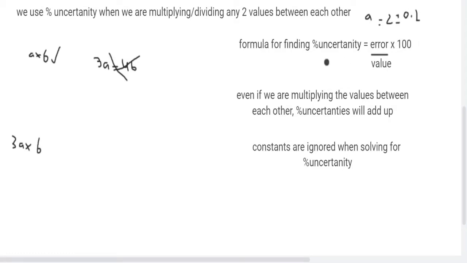Times 100 would give me the percentage uncertainty in A. Even if we are multiplying the values between each other, percentage uncertainty will always add up. I will explain this later. Constants are ignored when solving for percentage uncertainty. Let's say I was finding 3A times B. When I find percentage uncertainty, I will simply ignore this 3.